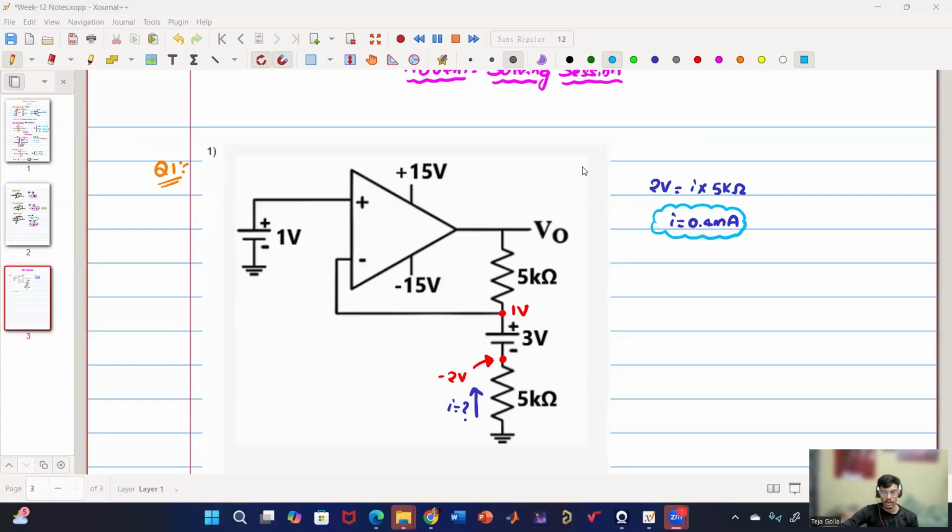Or can we not get it? Do we need any additional information? What will be the current through the top 5 kilo ohm resistance? Any idea? 0.2, Parvatam says 0.2. And why is it 0.2? And do others agree with her?